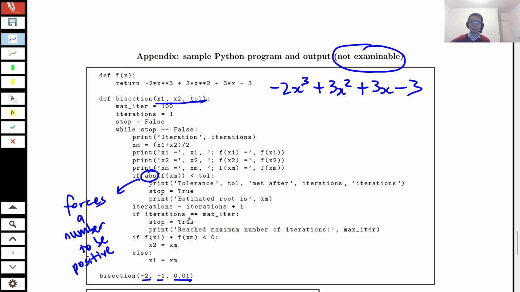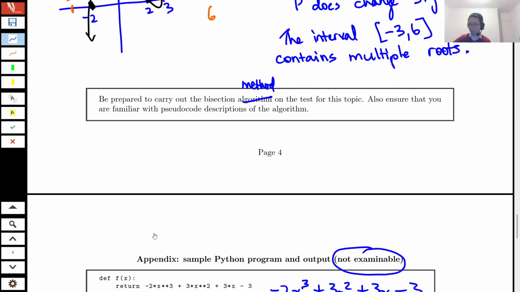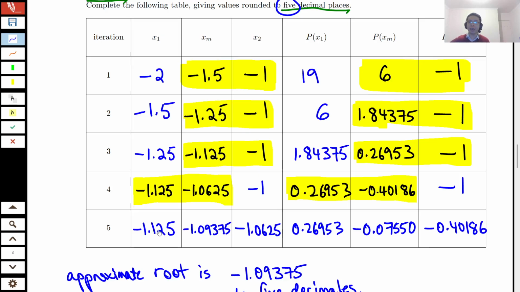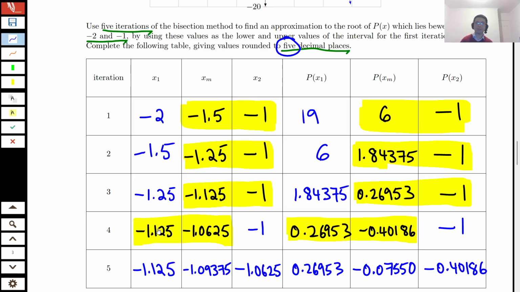So, just this once, and just for this course, unfortunately, you will need to know how to fill out this table and how to read pseudocode. And once you finish maths methods and go off into further studies, if you need methods for finding roots, a computer is going to do the hard work for you. So I'll leave it to you to work through the exercise and look forward to seeing you next time.